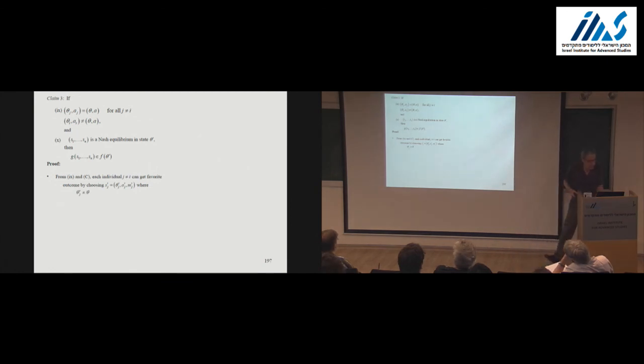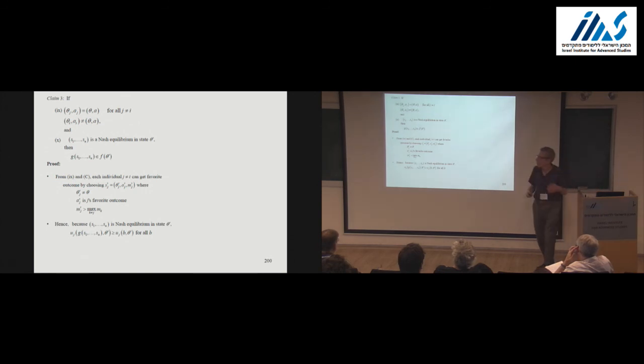So the fact that this is a Nash equilibrium means that none of these players J gain by deviating and getting their favorite alternative. That means that they must be getting their favorite alternative already in Nash equilibrium. That means that everybody but player I is getting his favorite alternative.